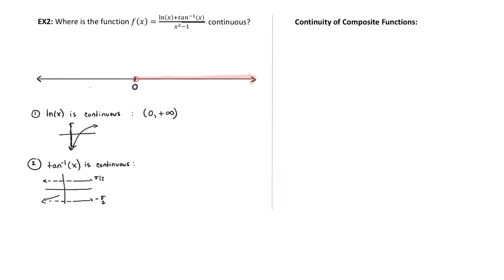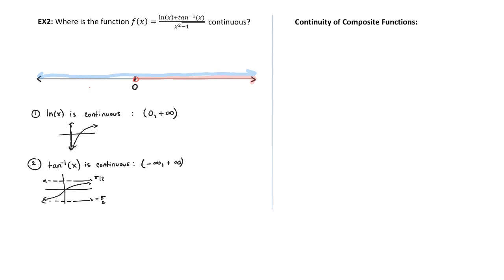And the function looks like this, beautifully continuous. It is continuous everywhere within the entire real line, so continuous from negative infinity to positive infinity. So now if I shade a little bit above here, I will shade the entire real line, and this is for tangent.